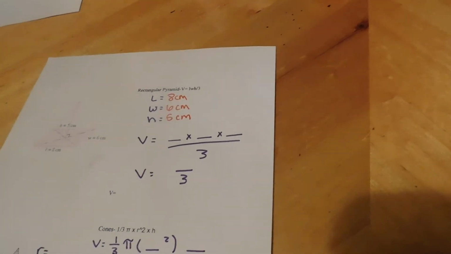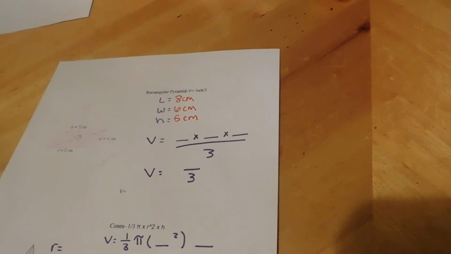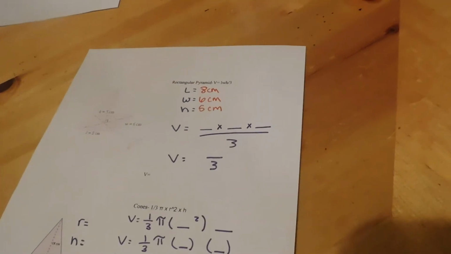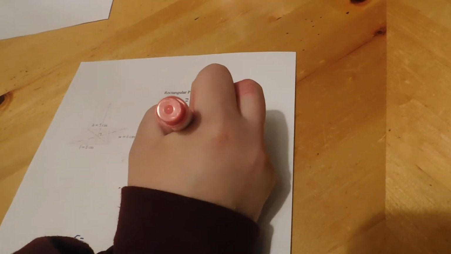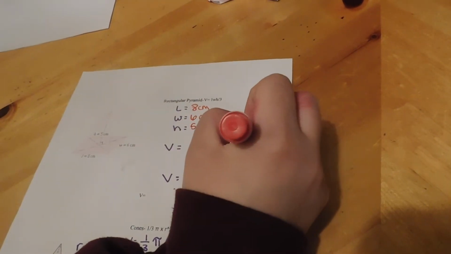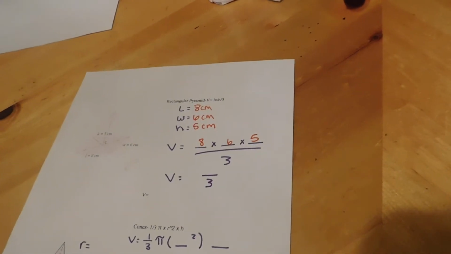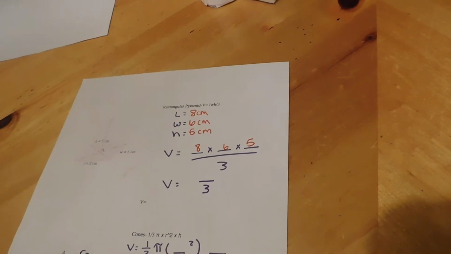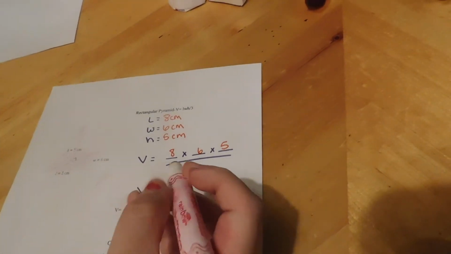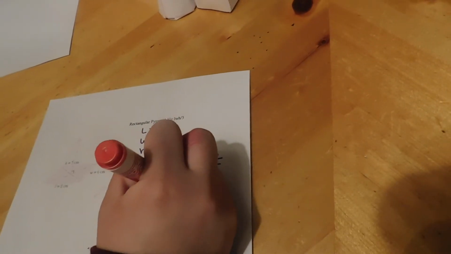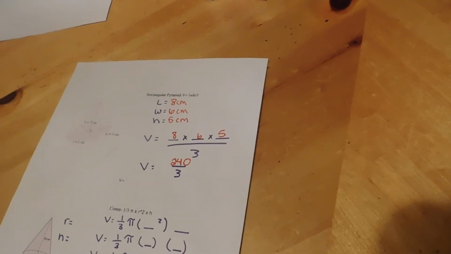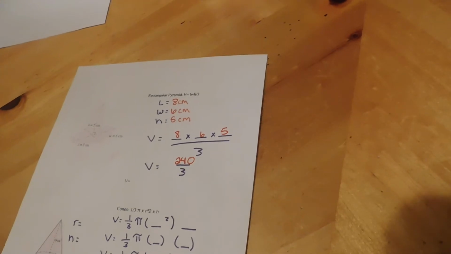Now for this formula, you're going to be taking the length times the width times the height and dividing it by 3. The student knows where to plug in the equations and multiply and divide it out.